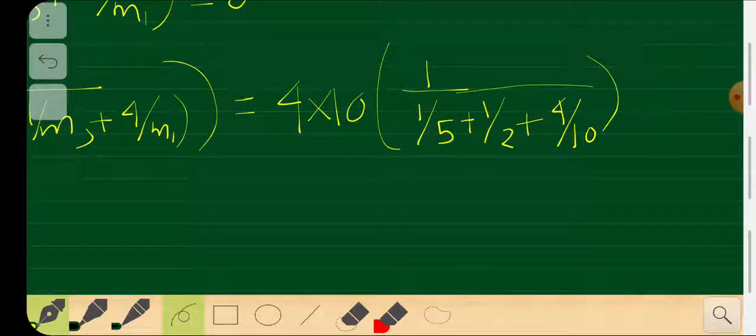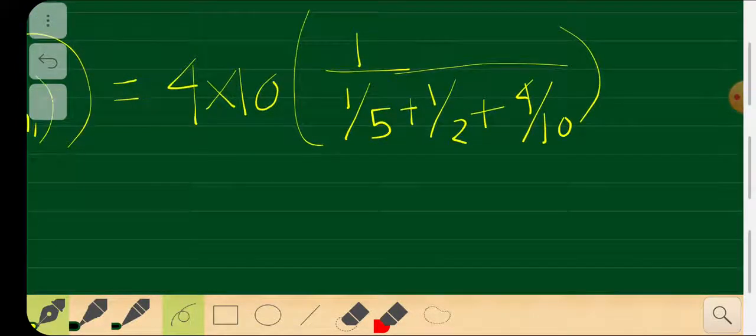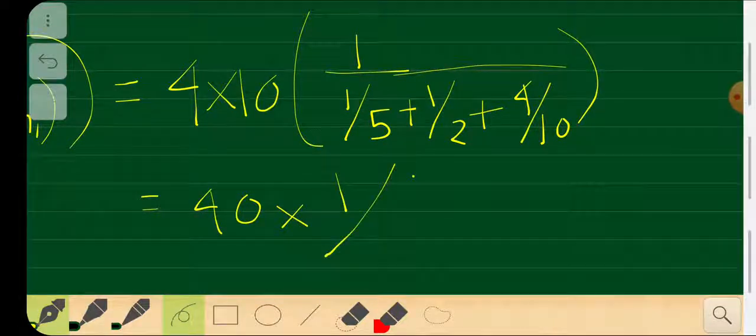So I can simplify that. Oh, this is going to be a bit hard. So in the denominator I get 40 times 1 divided by 10. I can take a common denominator, so you get 40 times 10 by 2 times 2 plus 5 plus 4, that is 11.